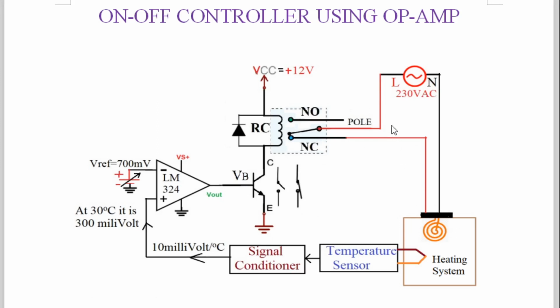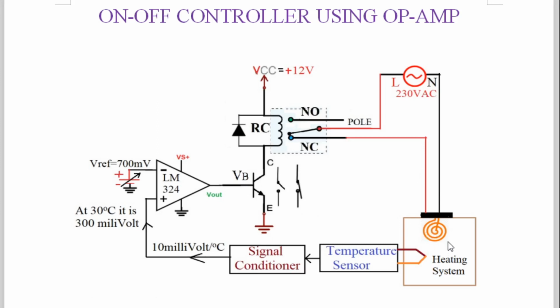The power supply of AC mains 230 volt gets disconnected from the heater, and the heating in this chamber will stop.